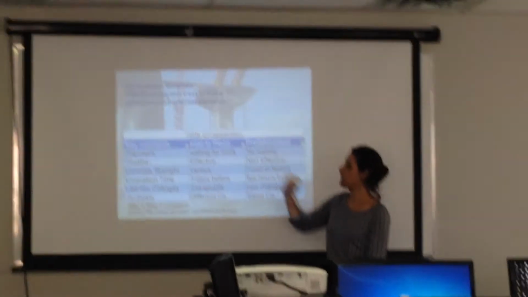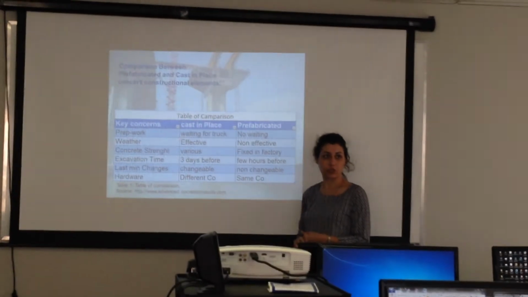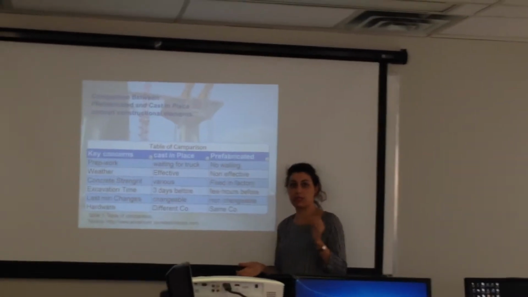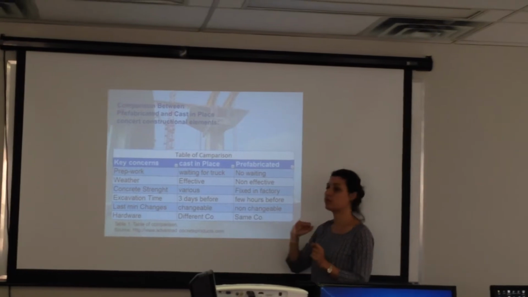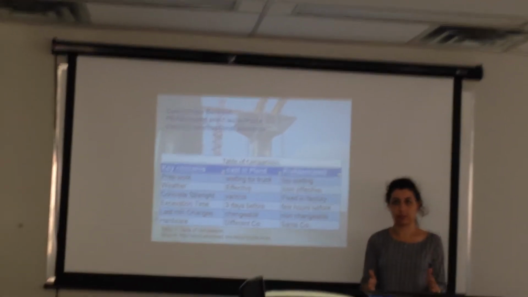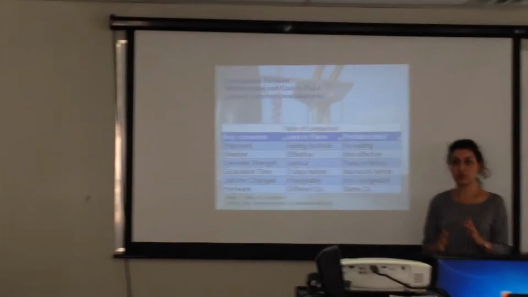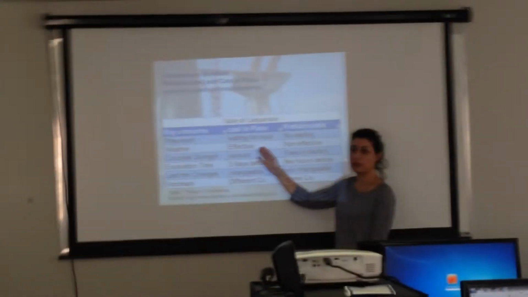For example, for cast in place, we need to wait for trucks. They usually give us a time, but maybe they have a delay, something like that. So we should wait. But for prefabricated, we know that they are on the site maybe 2 days before, and then at the time of scheduling, we can install them.